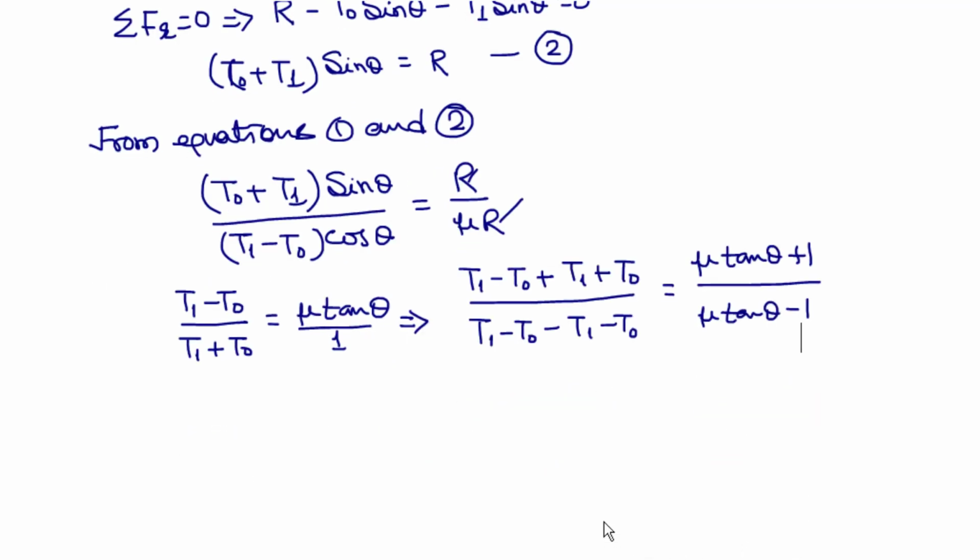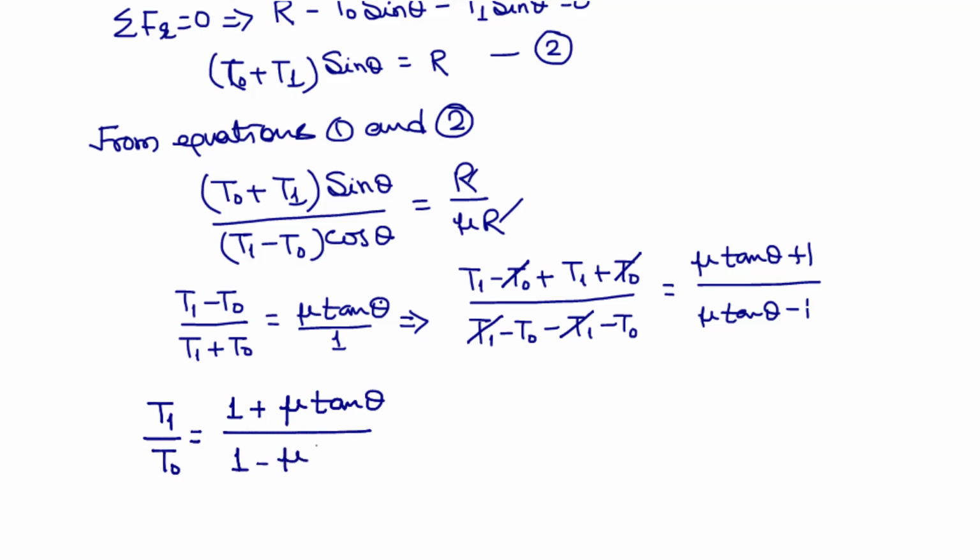T0 cancels out, and T1 cancels out, and then we get T1 upon T0 equals (1 plus mu tan theta) upon (1 minus mu tan theta).